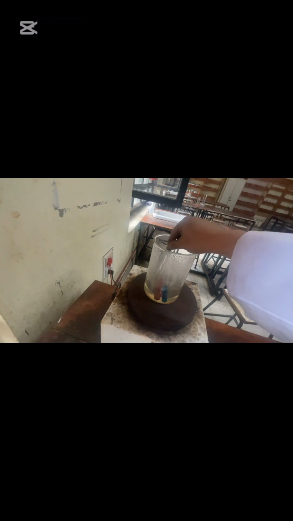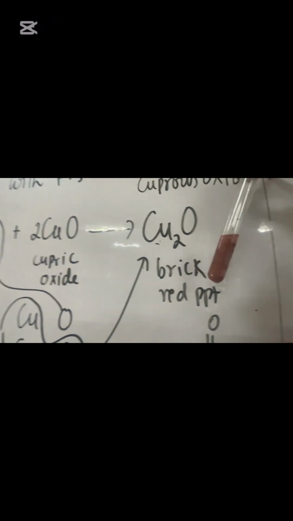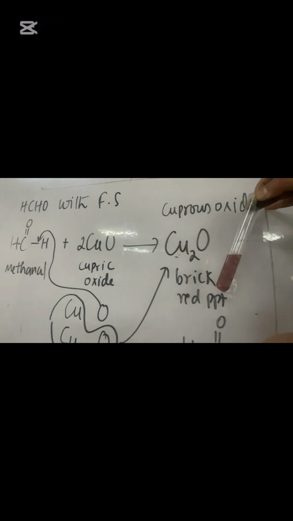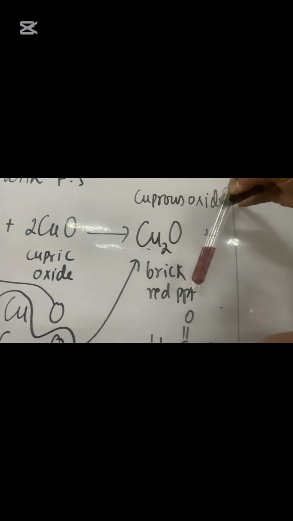Okay, our result is ready. You can see the brick red precipitate formed. This brick red precipitate is formed by the Cu2O when the formaldehyde, that is methanal, reacts with the Fehling solution, that is cupric oxide.